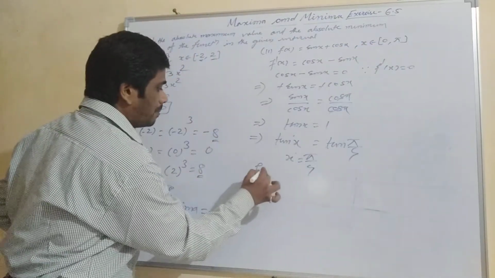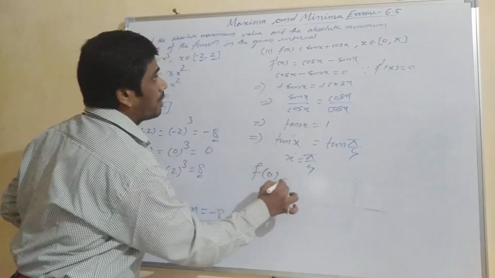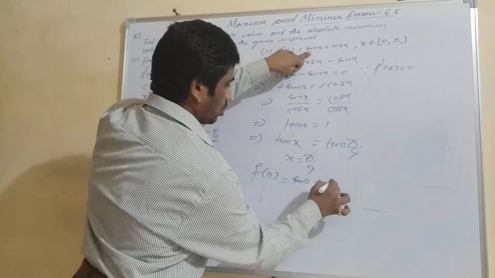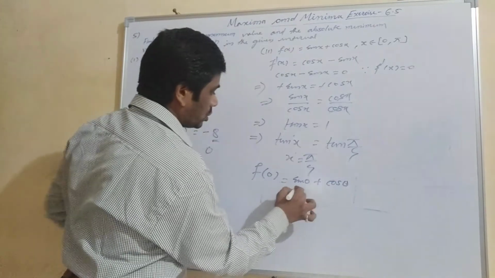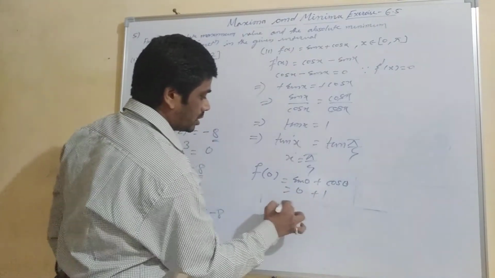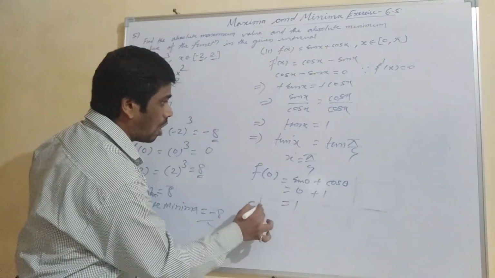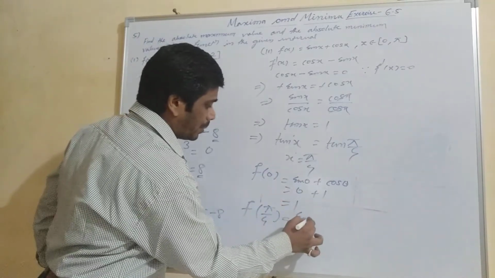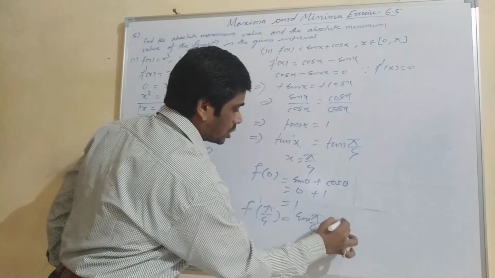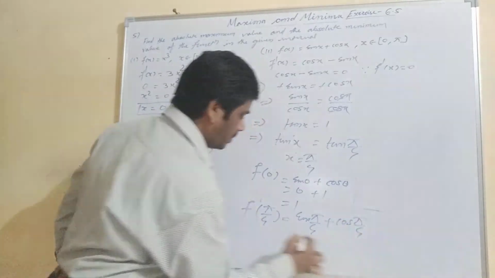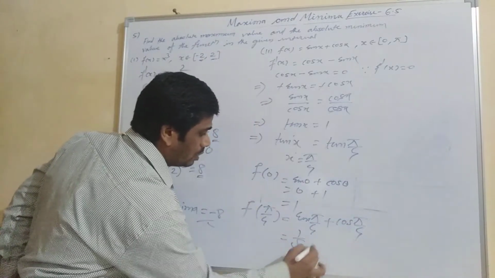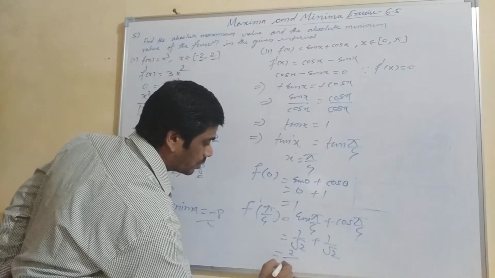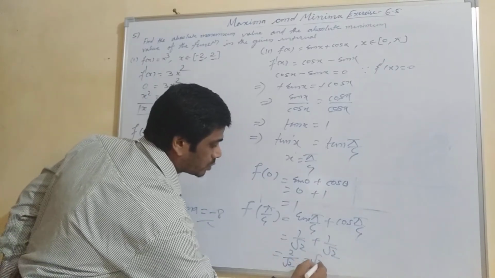So we check f(0), which is sin 0 plus cos 0. Sin 0 is 0 and cos 0 is 1, so we got 1. Now we check f(pi by 4): sin pi by 4 plus cos pi by 4, which gives 1 upon root 2 plus 1 upon root 2, which is 2 upon root 2, so we get root 2 only.